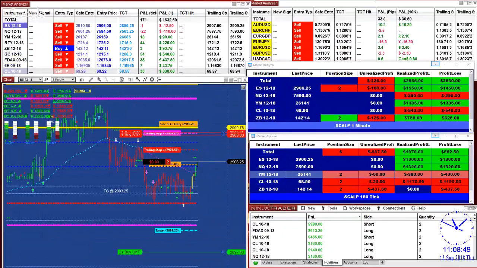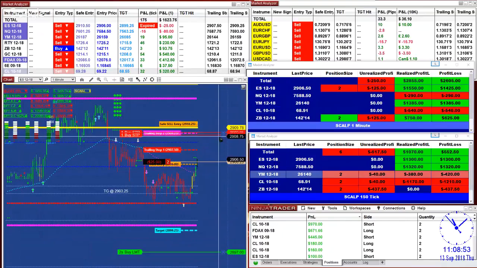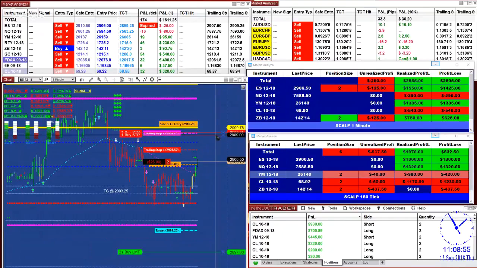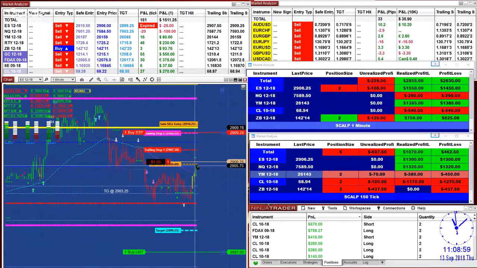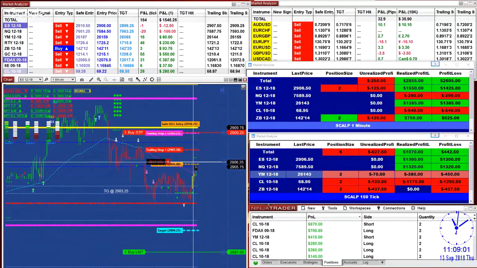I think the party is over on the ES, and whoever made money made money. I'm going to be closing this one, and whoever didn't make money is not going to make money. So the trade is over on the ES. We have a new signal, a new buy signal on the CL.